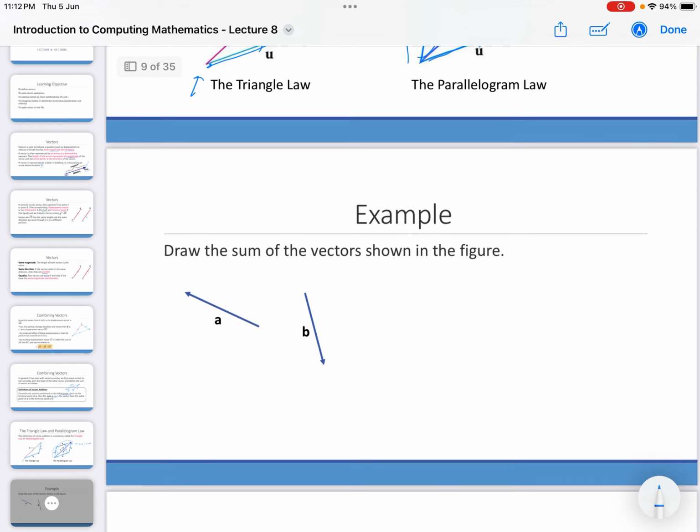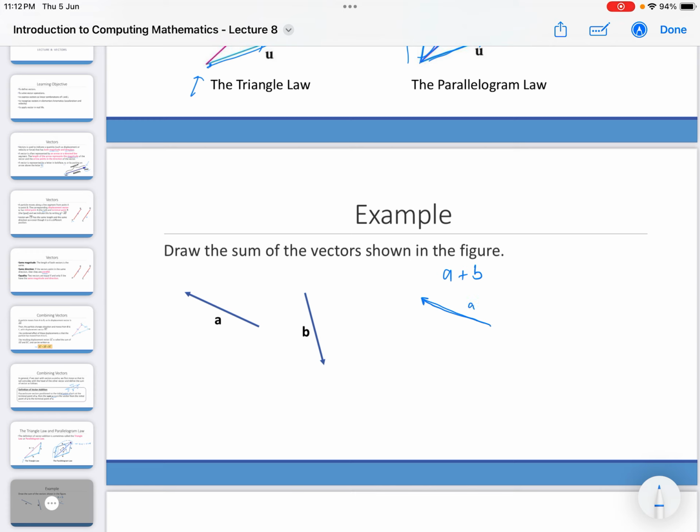Okay, let's look at an example. Draw the sum of the vectors shown in the figure. We want to add these two. We have vector A and then vector B. We want A plus B. So we can draw A, with the same length and also the same direction.